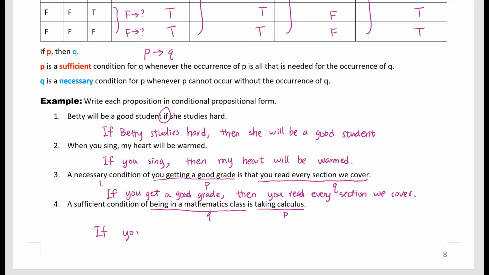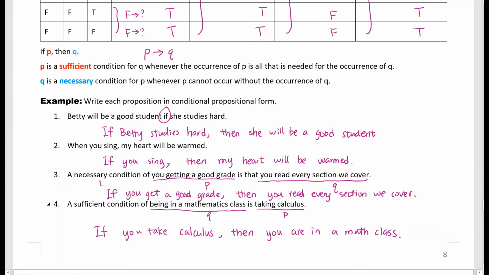If you take calculus, then Q, being in a mathematics class: then you are in a math class. So far, so good, everybody? Okay, so keep in mind, P is the sufficient condition. Q is the necessary condition. Okay, let's continue.